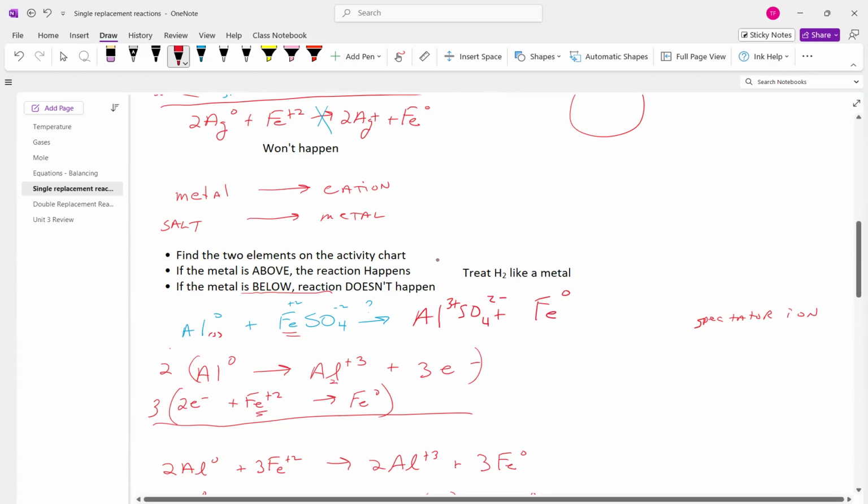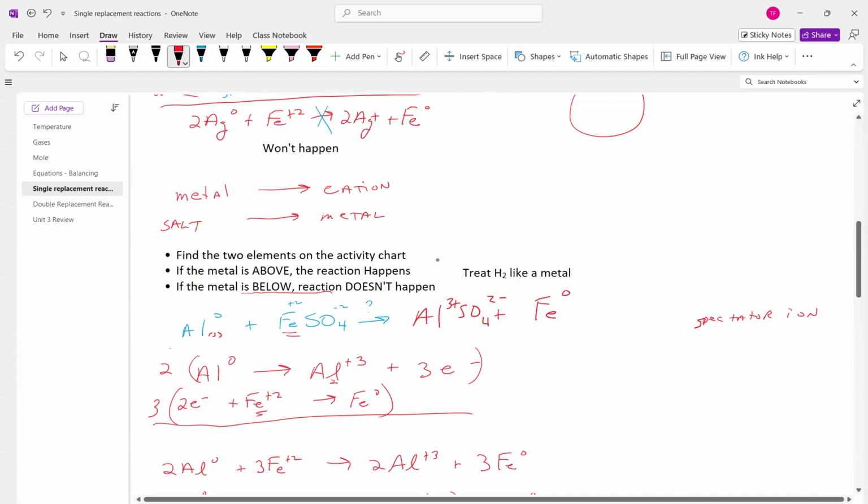Now, what's wrong with that so far? AlSO4. Now think about your naming conventions. Remember, if it's ionic, it has to be neutral, net zero charge. It's not net zero now, is it?